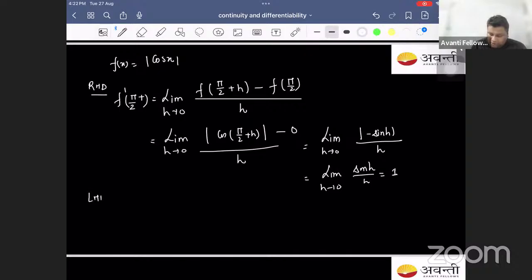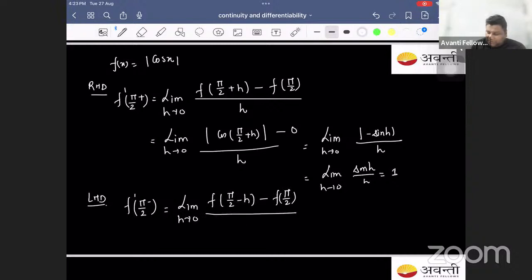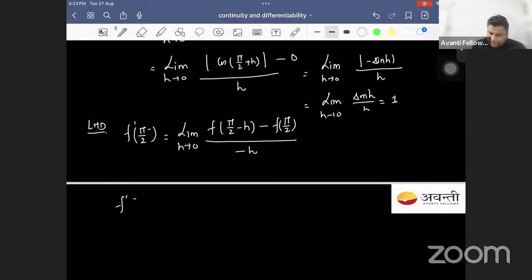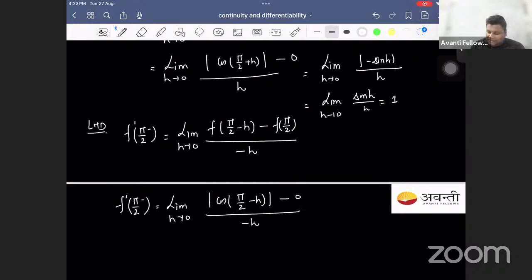Now let us talk about left-hand derivative. So that is f dash pi by 2 minus. Now according to definition, it is limit h approaches to 0, f of pi by 2 minus h minus f of pi by 2 upon minus h. So f dash pi by 2 minus is limit h approaches to 0, mod of cos of pi by 2 minus h minus cos pi by 2, which is 0, upon minus h.